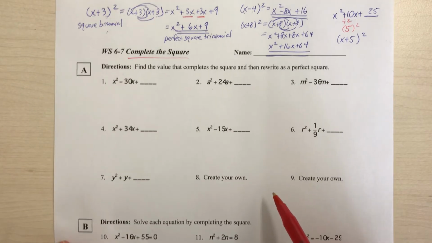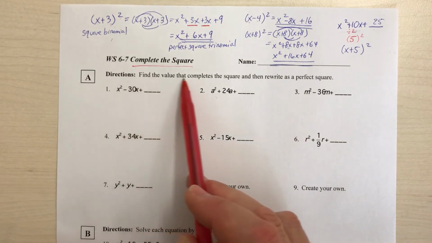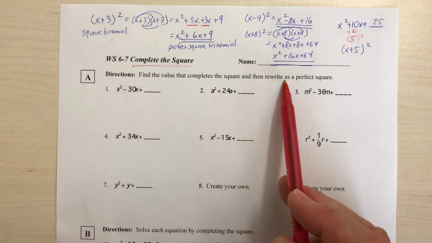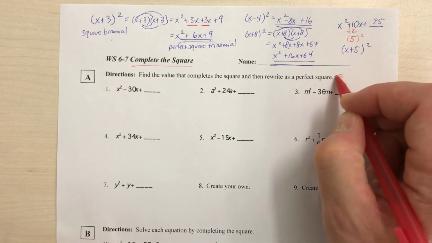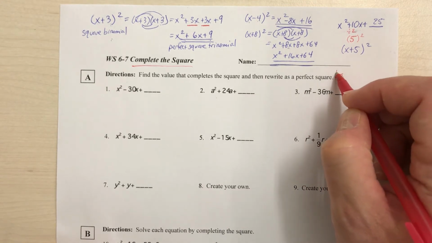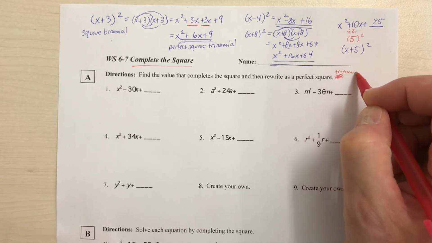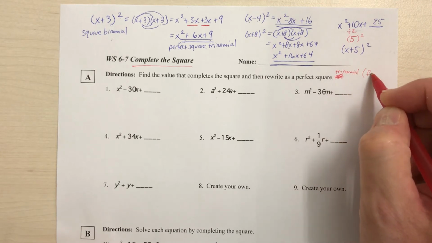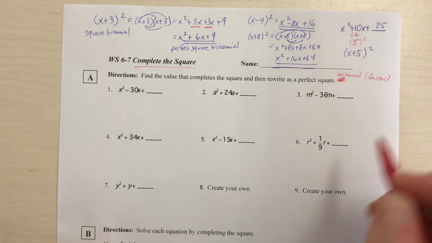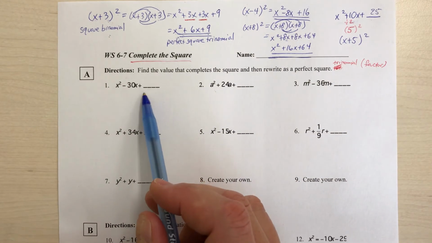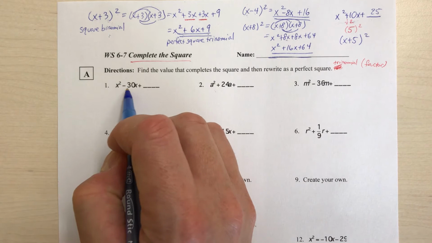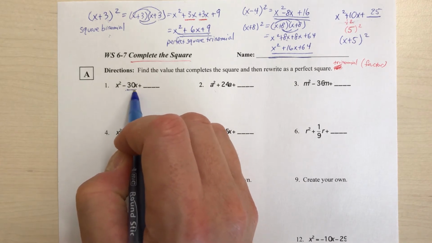Okay, so let's do a little bit of practice here. Find the value that completes the square and then rewrite as a perfect square trinomial, and then we'll factor it. So x squared minus 30x plus something. Now, we know that the two values that make this are the same.